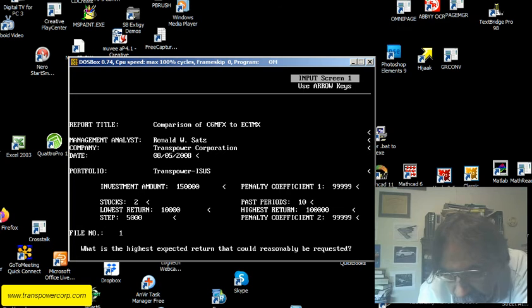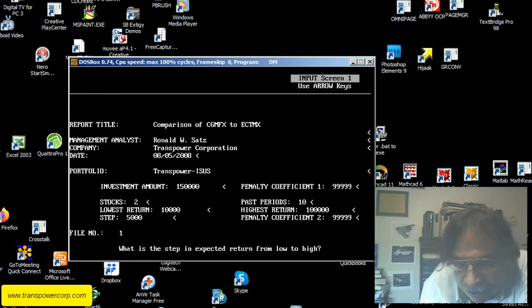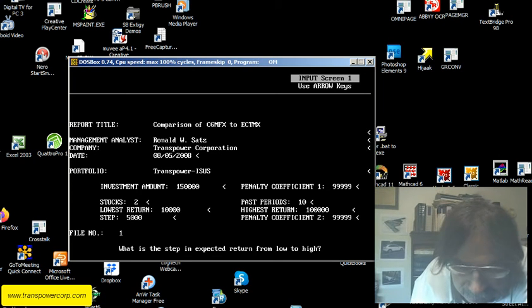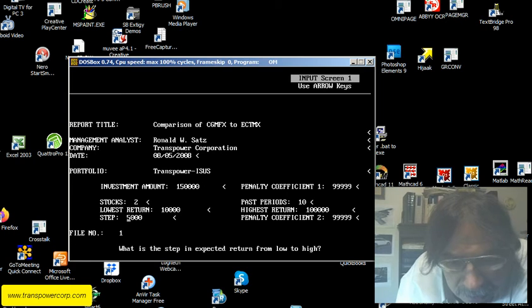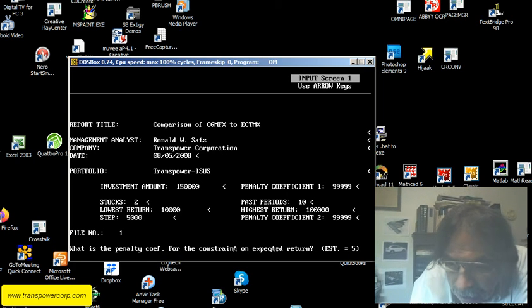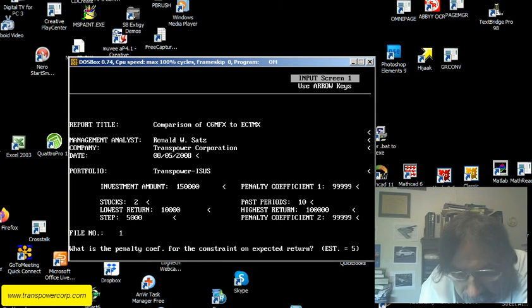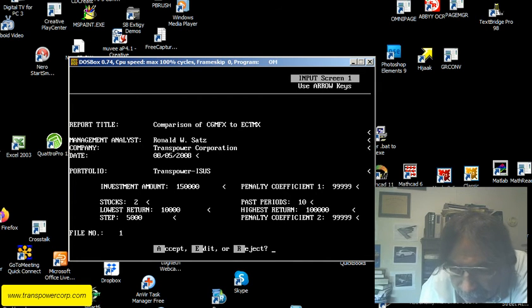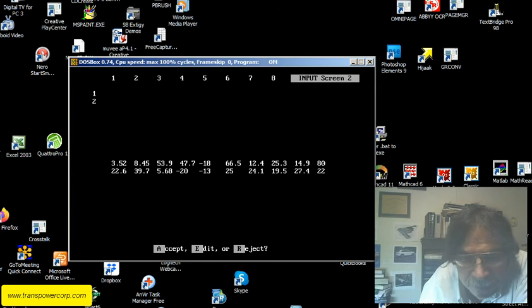The highest return is 100,000, which would be awfully good on an investment amount of 150,000. And we're going to use a step of 5,000. Okay. And what is the penalty coefficient for the constraint expected return? Pretty high. So accept.